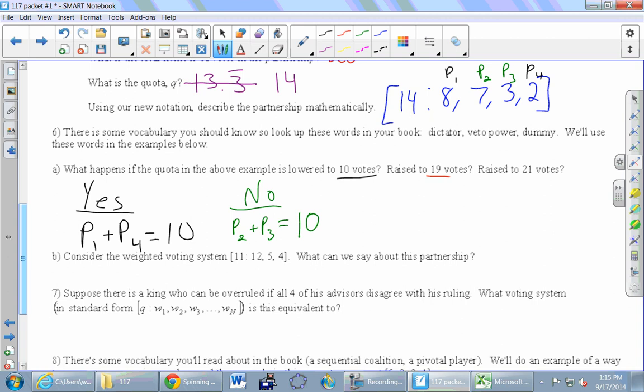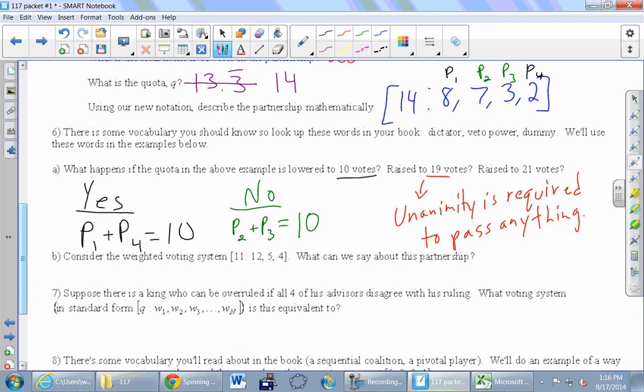So if the quota is 19, then unanimity, I think that's a word, is required to pass anything. The only way that you can pass something is if it's a unanimous yes vote. I'm not saying that's illegal. I'm not saying it's a bad thing. I'm just saying that would require a very strong yes from everybody involved. Otherwise, nothing is getting done. Okay?